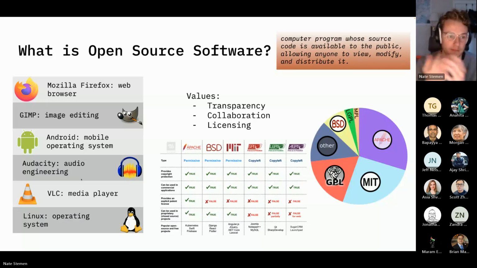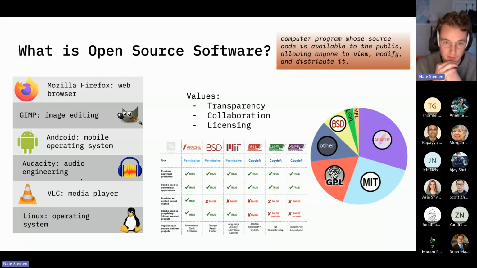If it's closed source, you have to get a job at a specific company if you want to work on it, and that's a huge barrier to entry. So open source software really is lowering the barrier to entry to a lot of these technologies, and it's a lot of how people get involved in whatever their niche is in software.